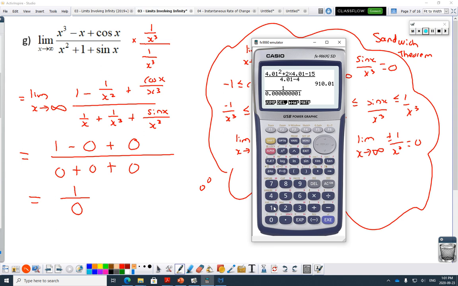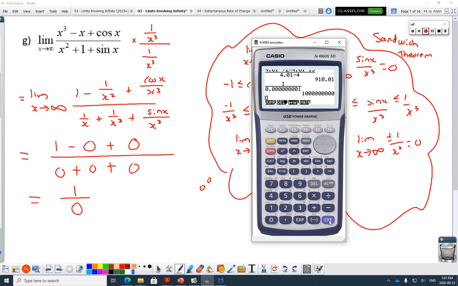What kind of number is going to pop up on the screen? It's a large number. When you take 1 and divide it into very, very, very small pieces, you're going to get a lot of pieces.